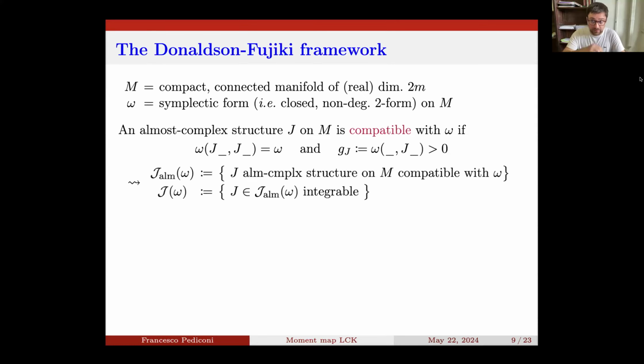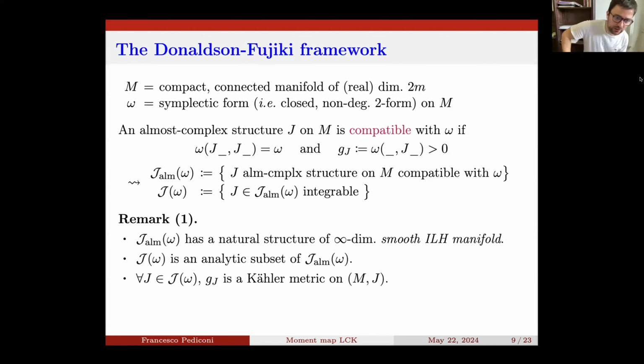Well, once you have this notion of compatibility, you can construct the space of almost complex structures on M that are compatible with omega, and you can consider the subset of those J that are also integrable. We denote these two spaces by J-almost with respect to omega and J_omega, okay?